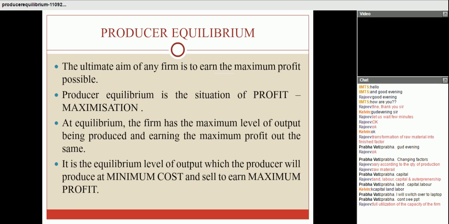When the cost of production is minimum for the firm, that is the situation of profit maximization. Yes, when the cost is minimum, then definitely our sales will be higher and we'll be in a position of earning more profit.